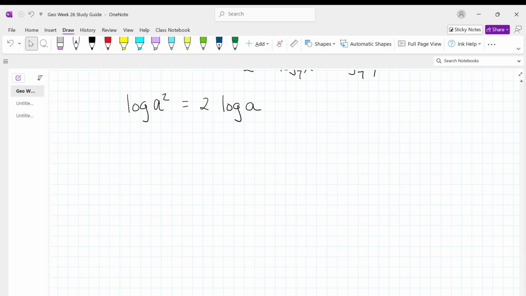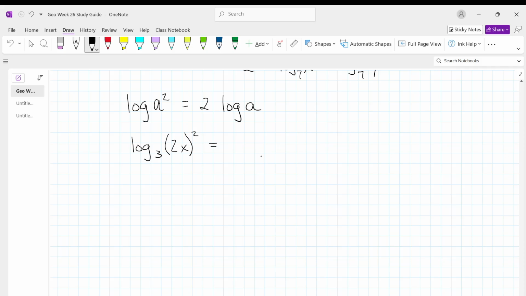If you get something in parentheses, log 3 of 2x squared. If this 2x in parentheses is getting raised to the second power, it means the 2 is getting raised to the second and the x is getting raised to the second.